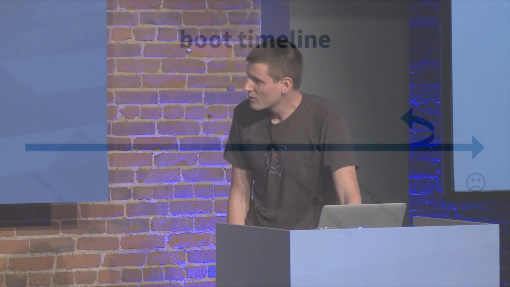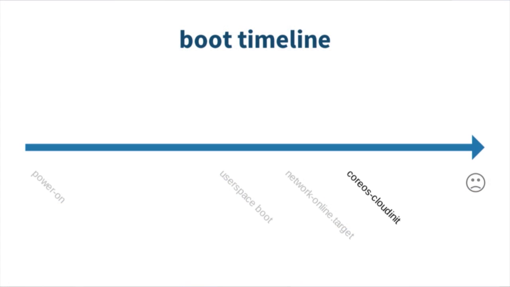So that's not ideal. Well, what about if we take CloudInit and we instead run it before the machine begins booting? What if we run it from the initRD? At this point, we no longer have access to the user space systemd, so let's strip out the ability to start services.